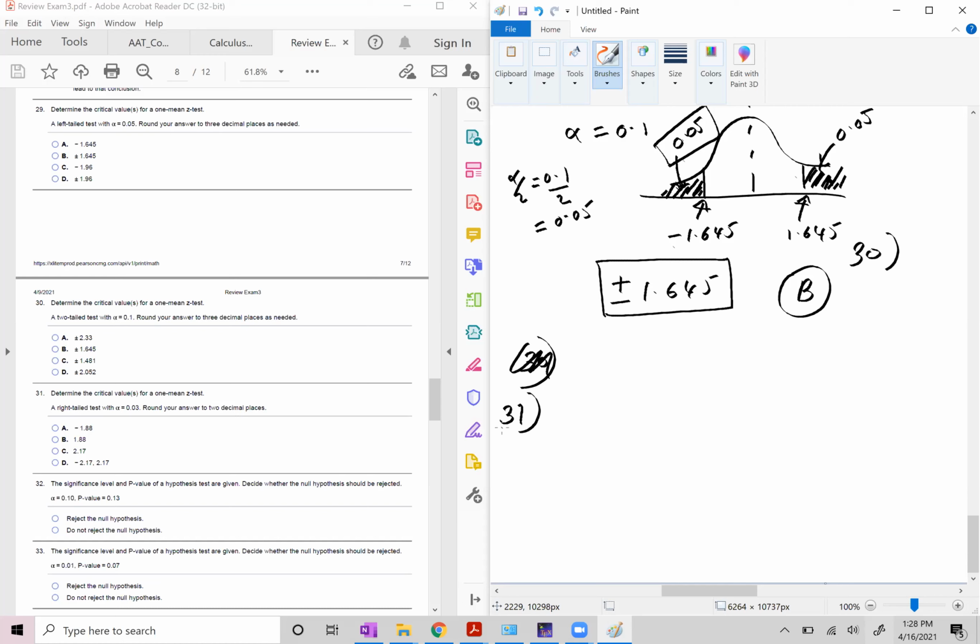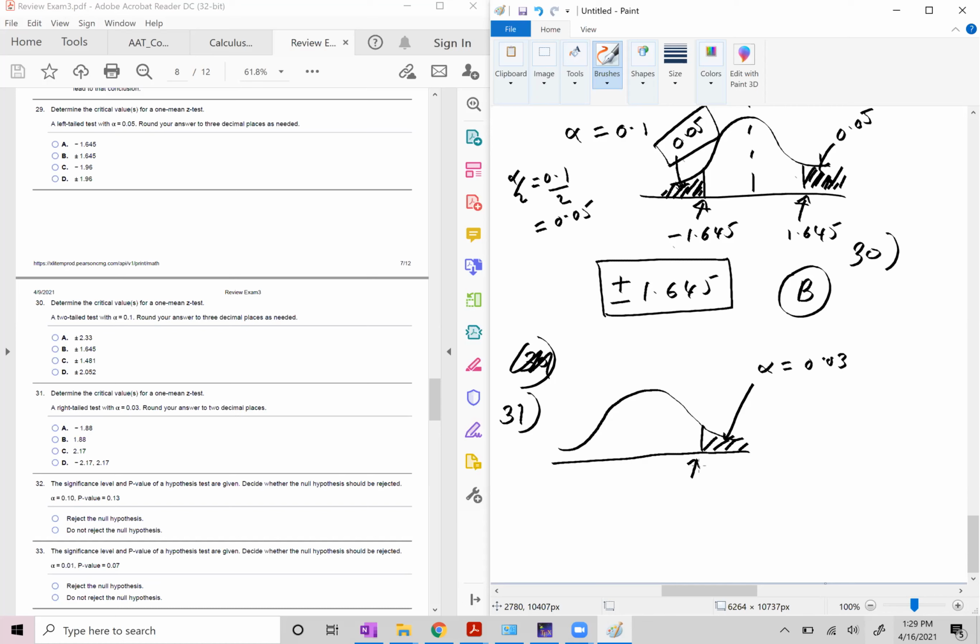Determine the critical value for a right tail test with alpha 0.03. Now, a right tail test, alpha 0.03. If it is a right tail test or a left tail test, you're not going to split your alpha. If it is a left tail test, you give your whole alpha to the left side. If it is a right tail test, you give your whole alpha to the right. So this is 0.03.